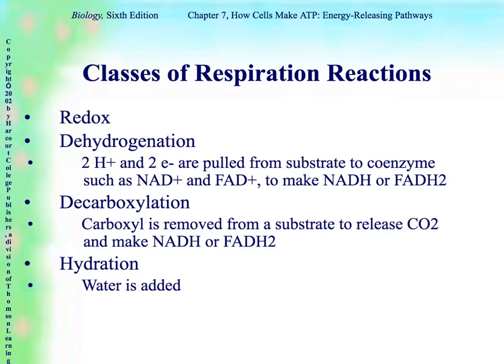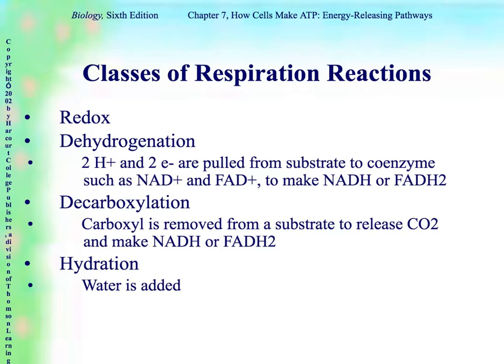In cellular respiration, there are four types of reactions that are going to occur. The first one is redox, which we just covered. The second one is dehydrogenation. This is when two protons and two electrons are pulled from a substrate to a coenzyme. So NAD plus will make NADH, and FAD plus will make FADH2.